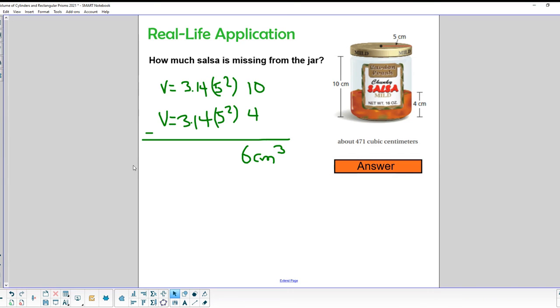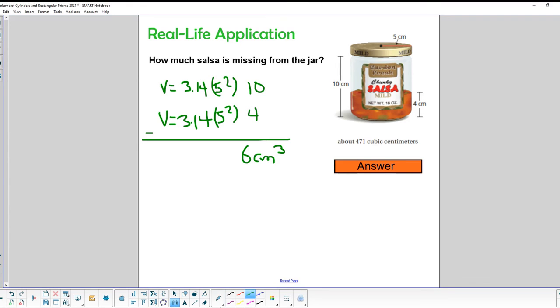Rather than just subtracting the 10 minus 4, we've got to bring down the 3.14 and the 5 squared. And we still have to multiply by that before we can call this problem complete. So let's go back in there and put those numbers in. So you're going to have 3.14 times 5 squared times 6 centimeters cubed. And that will give us the numbers we're looking for. So here we go.